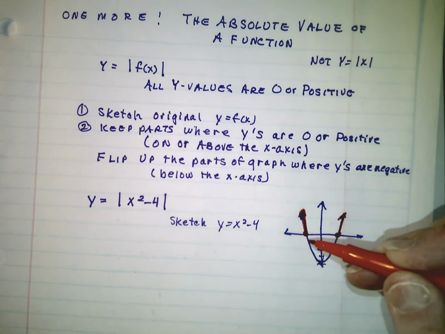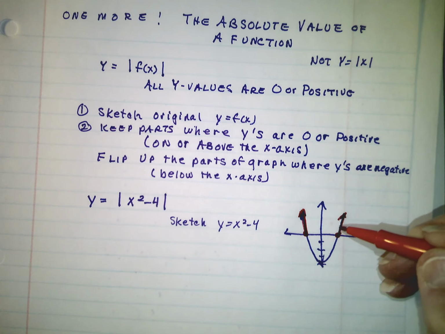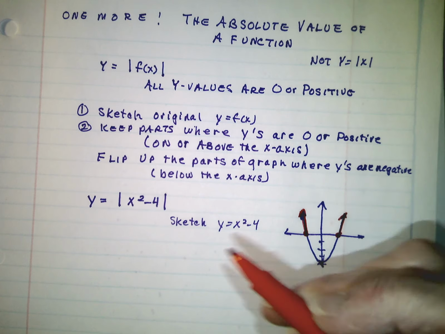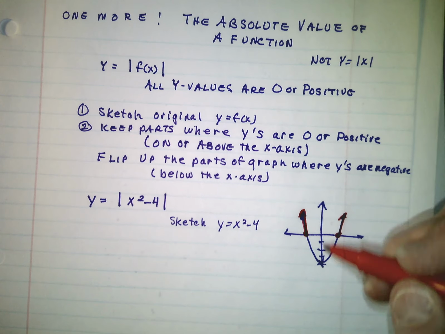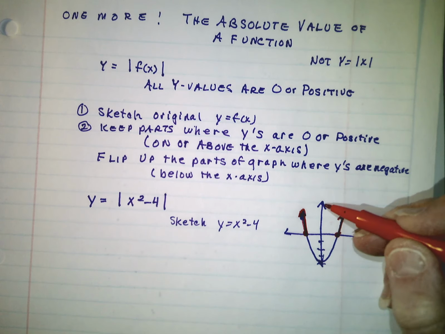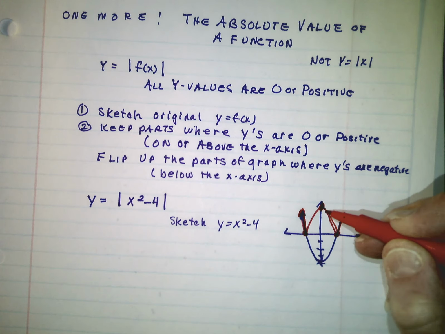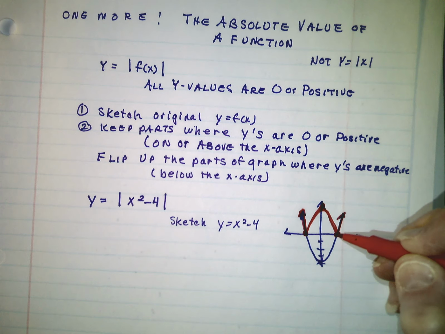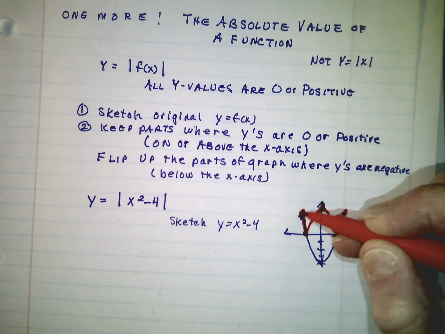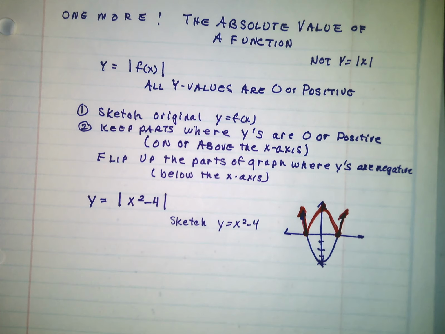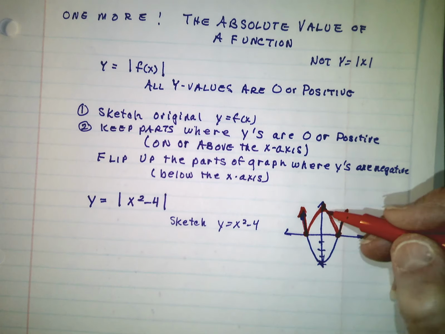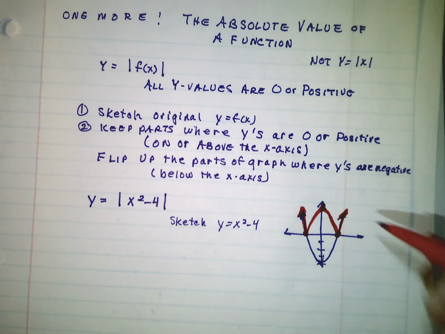And the parts that are negative, well, the y's aren't allowed to be negative, because y is going to be the absolute value. So we're going to reflect that up 4 spaces. And we have a very happy graph there. No negative results.